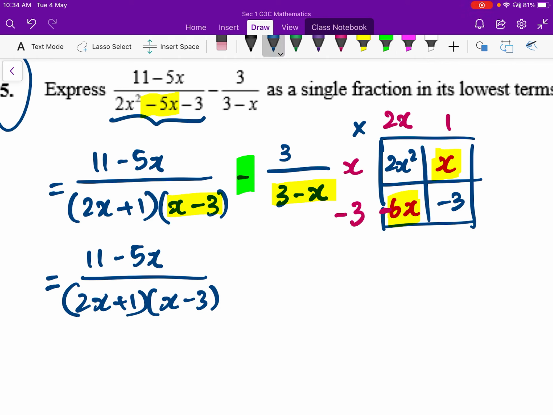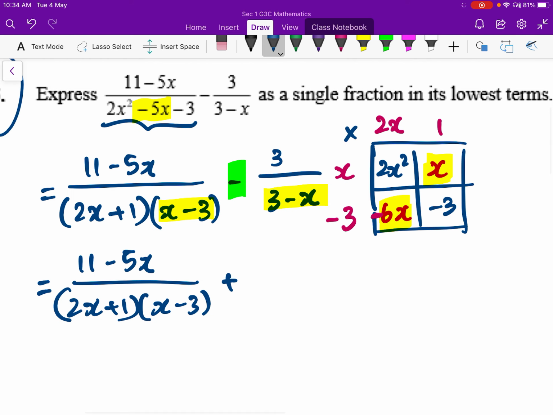I said switch because sometimes it is originally a plus, then you switch it to a minus. So you get a plus over here. That is the first change. The next change, numerator no change. The next change comes in the denominator. It becomes a switch around. Positive 3 becomes negative 3. Negative x becomes a positive x.